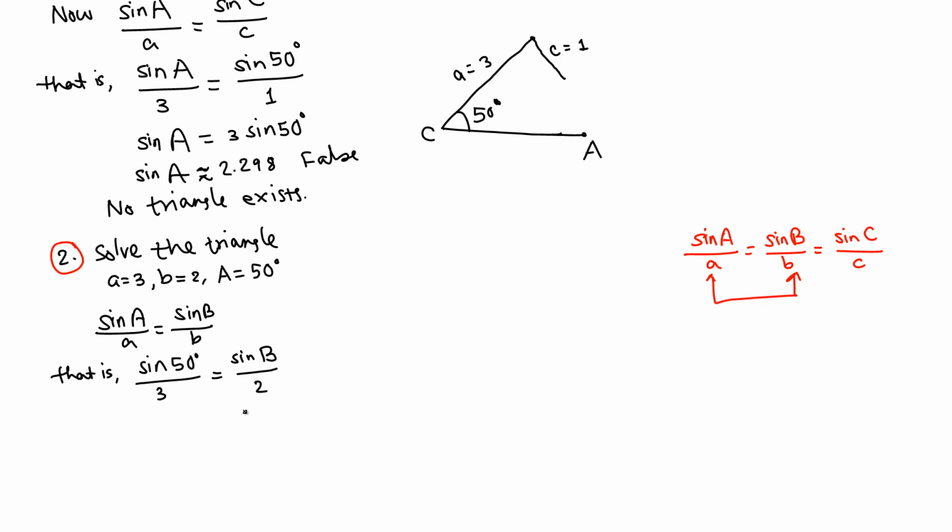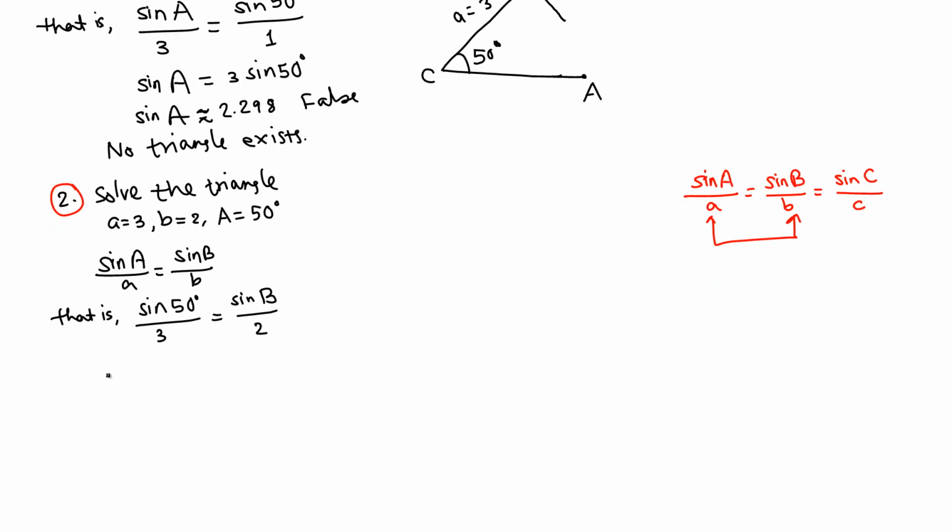Now cross multiply, and we want to find the value of B. So 3 times sine B equals 2 times sine 50. Now divide by 3, we get sine B equals 2 times sine 50 over 3.